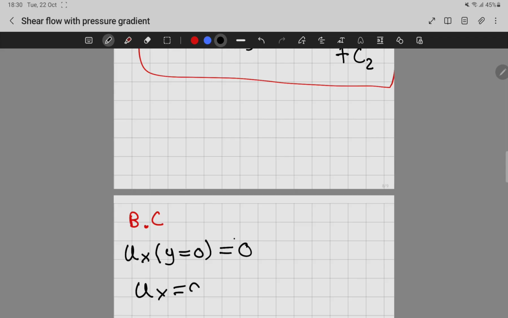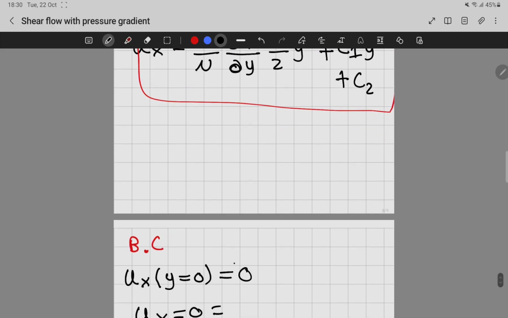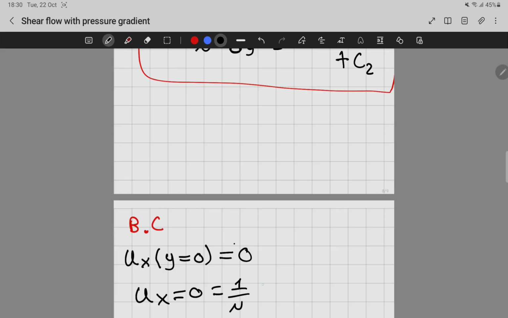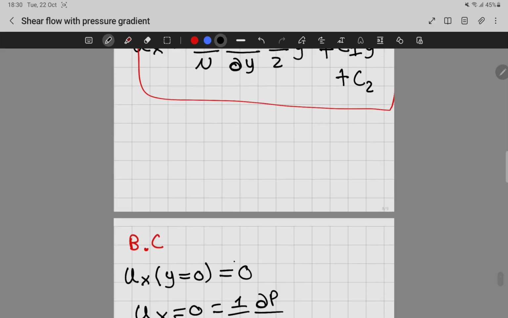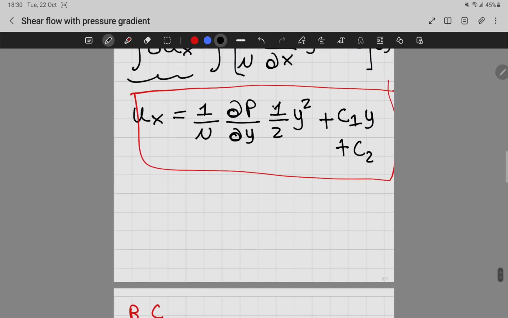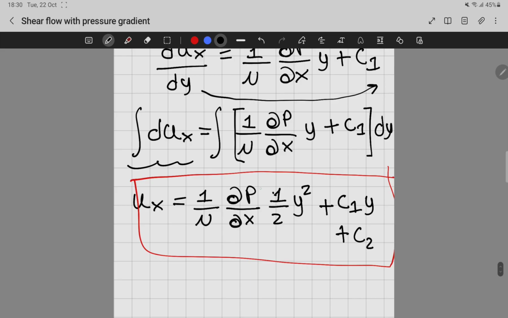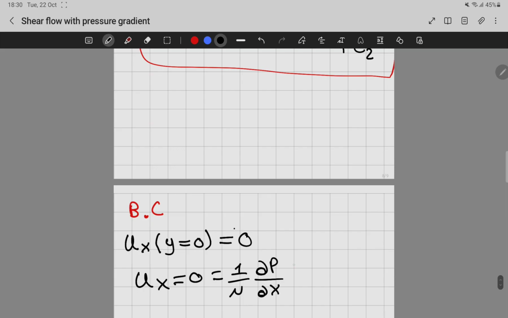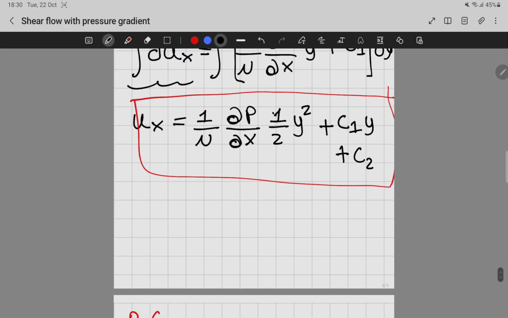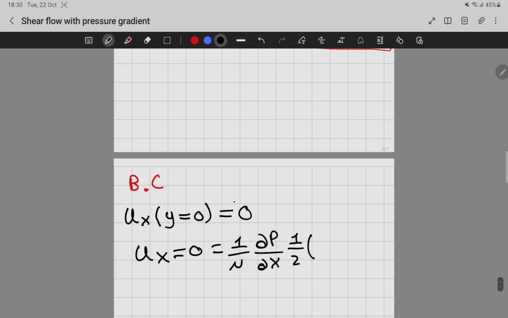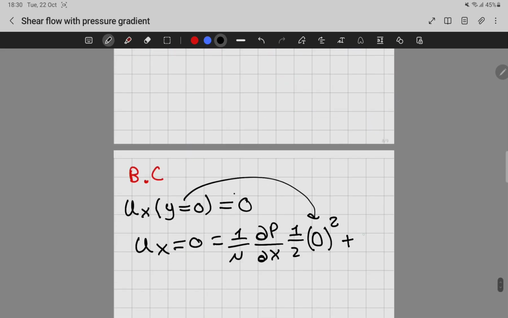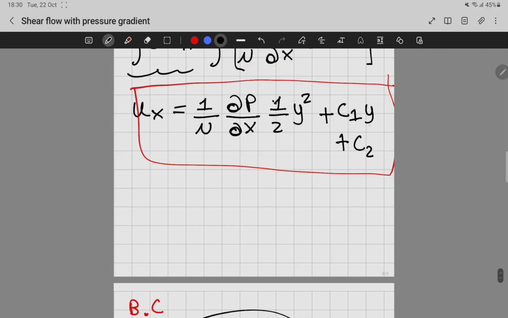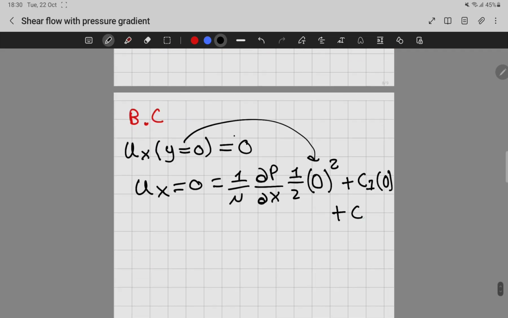So ux is going to be equal to 0, and this is going to be equal to 1 over viscosity, sorry, this is x, because it's here, the pressure gradient multiplied by half, multiplied by y to the 2, but y is 0, so this is 0, plus c1 multiplied by 0, because we have a y term, plus c2.